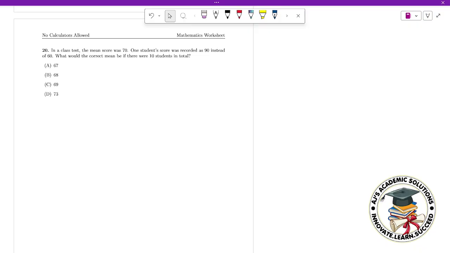So we need to just consider how we calculate the mean. The mean is equal to the sum of all data points, divided by the number of data points. I'll just put dp for this.